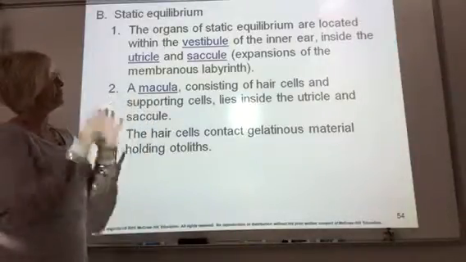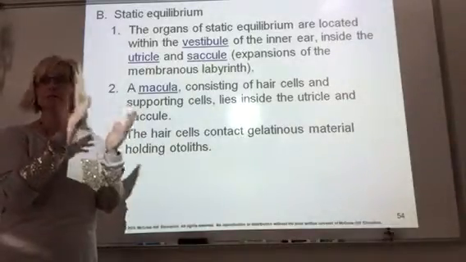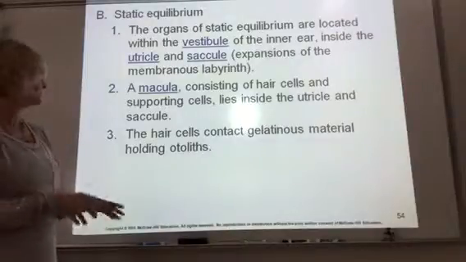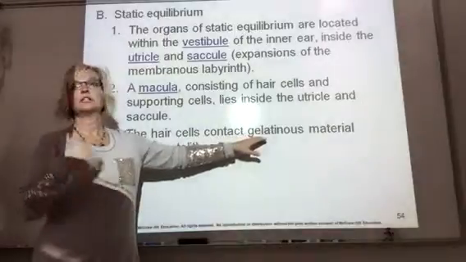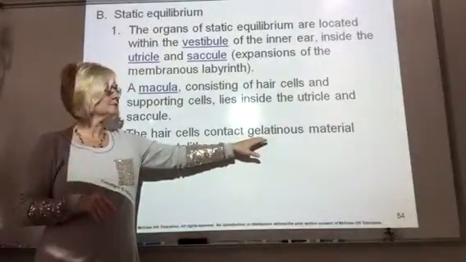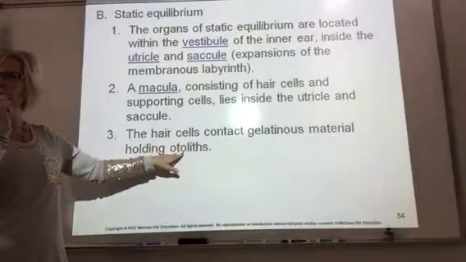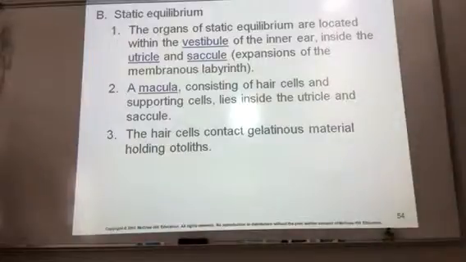And this macula then has those hair cells that are going to feel or react to and sway with the liquid that is inside. So the hair cells contact that gel-like, liquid-like material holding otoliths, which are tiny little bone-like structures.